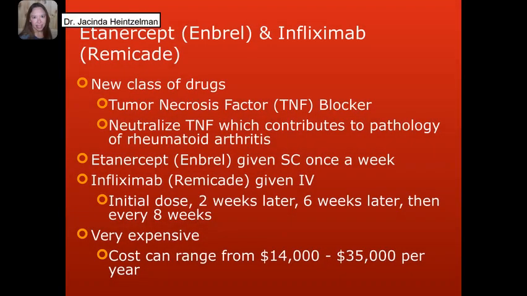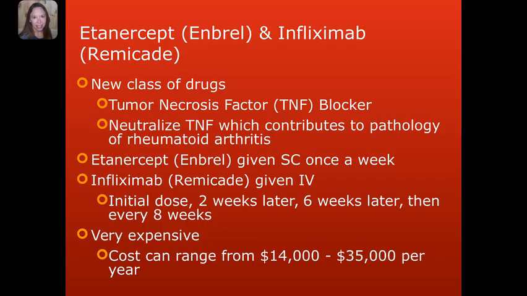With Enbrel and Remicade, we are seeing good effects where they are neutralizing the tumor necrosis factor, which contributes to the pathology of rheumatoid arthritis. Enbrel is given sub-Q, Remicade is given via IV.